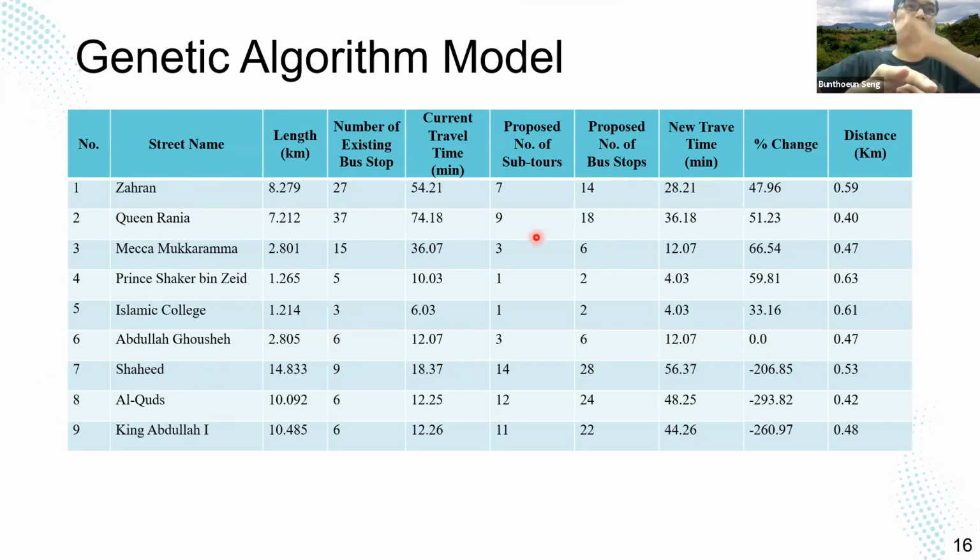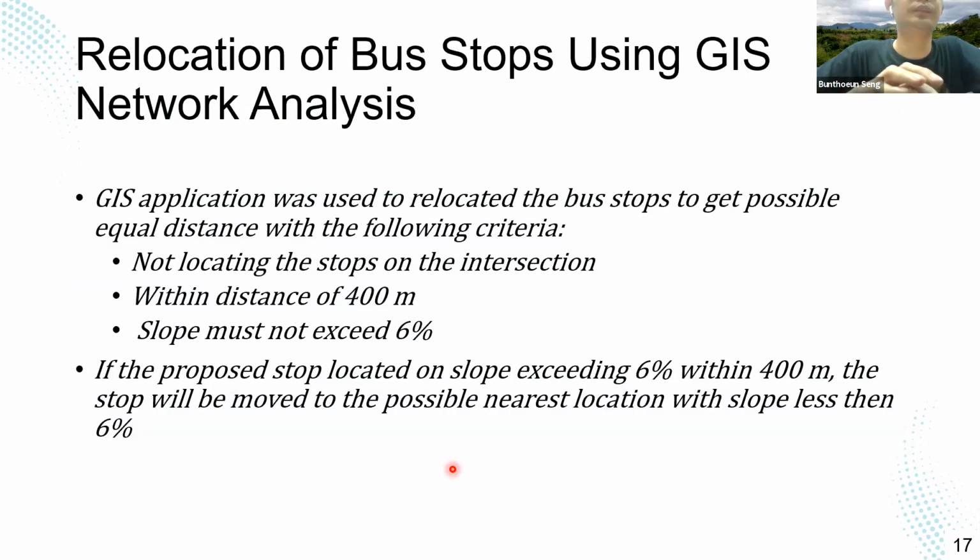If you notice from before, the current travel time here is different from the PSO model, because the travel time here is generated based on the GA itself. And here it also proposed the number of subtours, which means the distance from one stop to another.